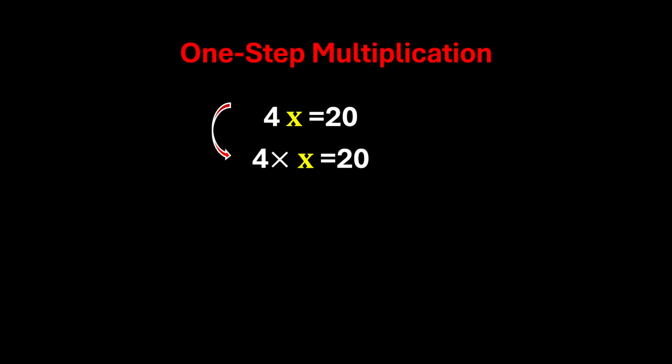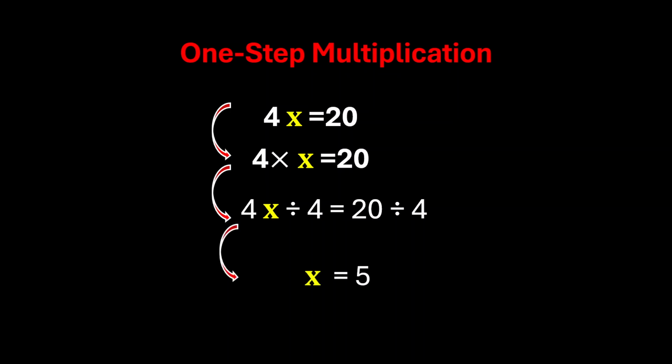So the equation is 4x divided by 4 equals 20 divided by 4. And that gives us x equals 5. So the solution is 5. To check the solution, we replace x by 5 in the first one. So 4 multiplied by 5 equals 20. That's the right solution.